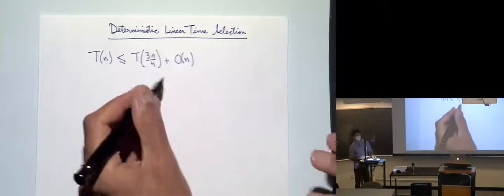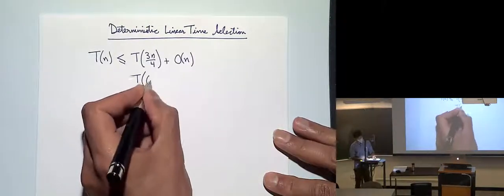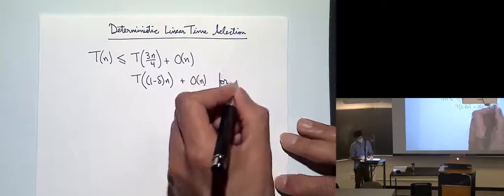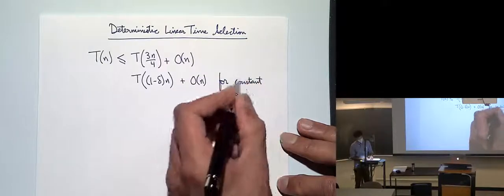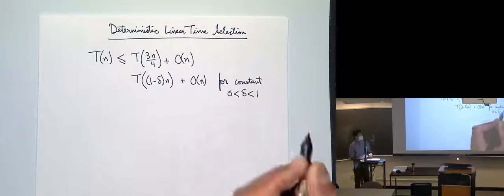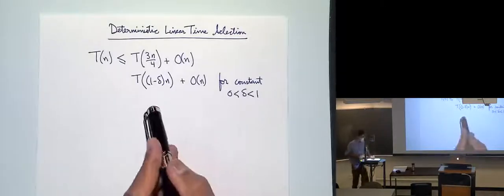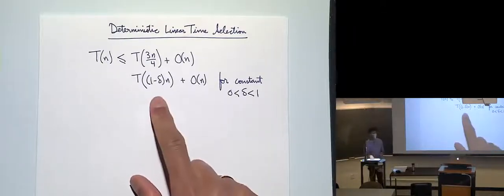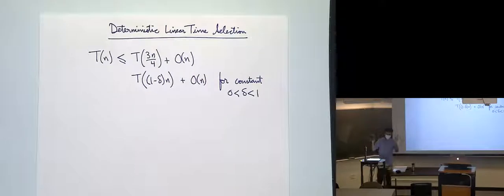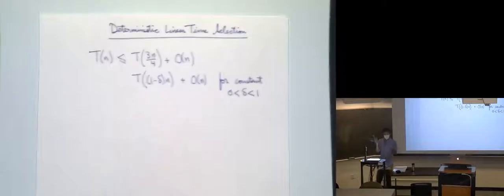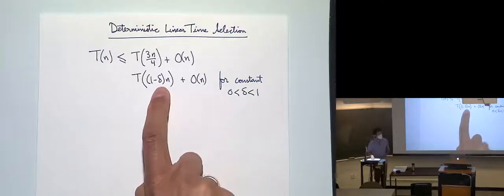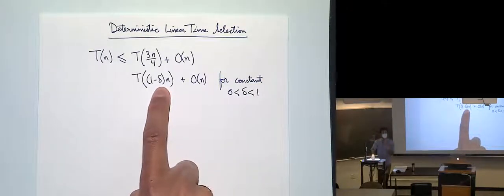Even instead of 3n over 4, if you get (1 minus delta) n for constant delta between 0 and 1, if you can get any constant, you'll still get it. Essentially what you want is an exponential decrease in your array each time. Because as long as you can shrink it by some constant factor, it will keep shrinking, and then all the math will check out. The only way delta affects everything is by the constant.